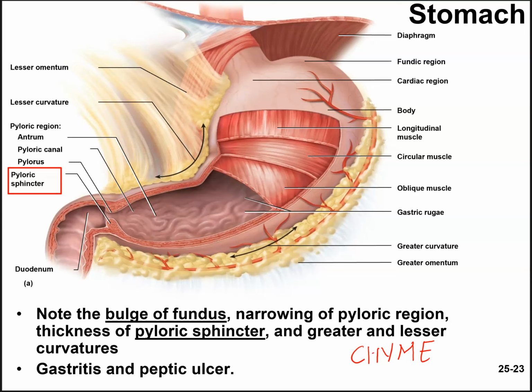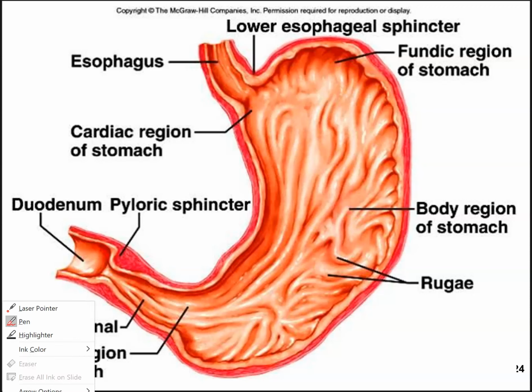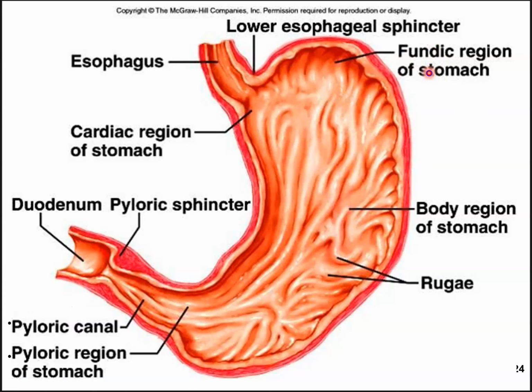Now, the other important muscle of the stomach is the lower esophageal sphincter. Now, the lower esophageal sphincter, as we talked about, is just another name for the cardiac sphincter for its proximity to the heart. But it can also be called the lower esophageal sphincter.